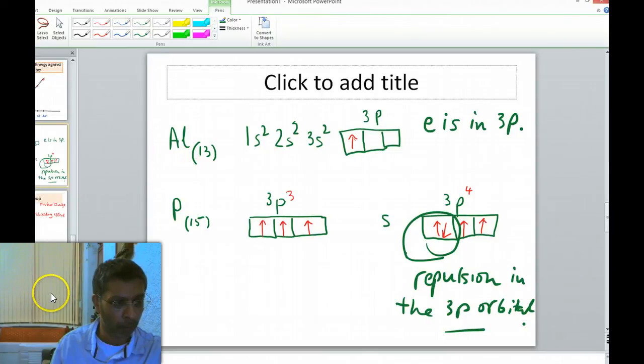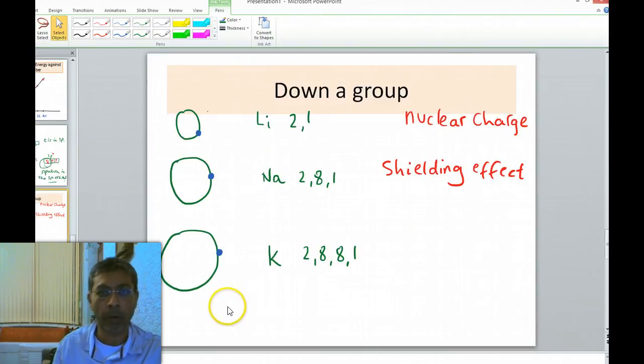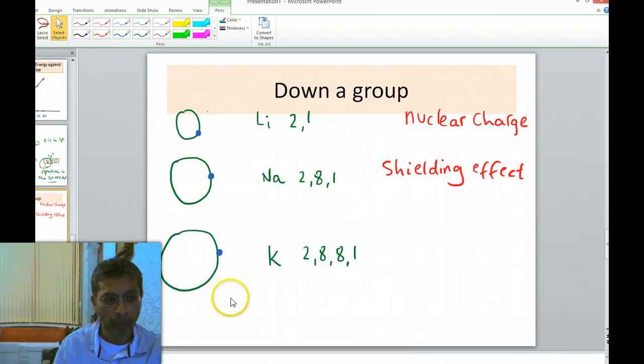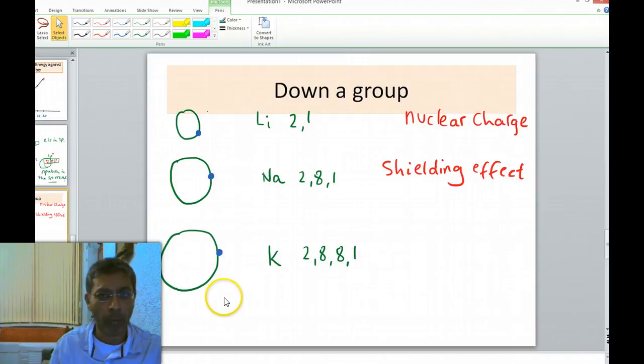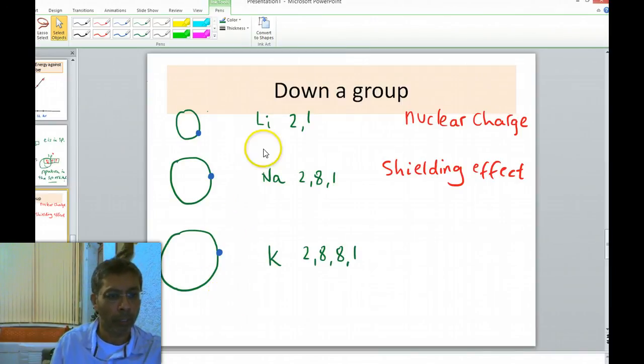Right. What we'll do now is have a look at the trend down a group. We'll pick group 1. Again, in the exam they could look at group 2. Let's look at group 1. Lithium, sodium, potassium, rubidium, cesium.